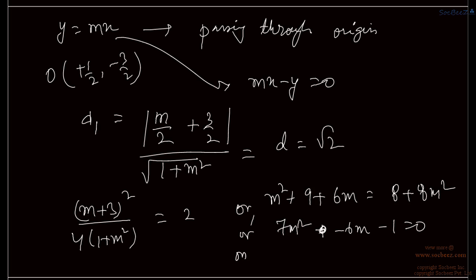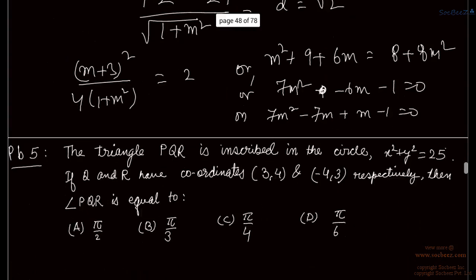So this is 7m square minus 6m minus 1 is equal to 0, or we can write it as 7m square minus 7m plus m minus 1 is equal to 0.